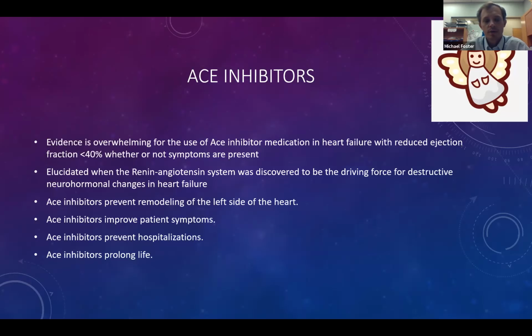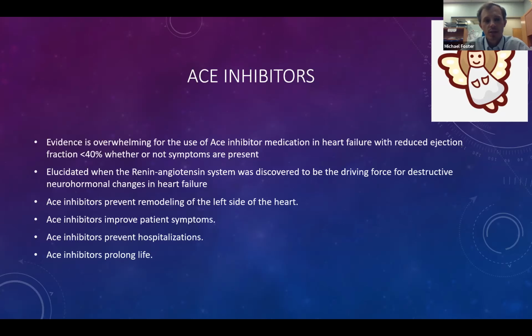Now, this is one of those moments in medicine that came from groundbreaking research. What was discovered was that the heart failure itself was causing a feedback loop through the kidney, which resulted in worsening heart failure.